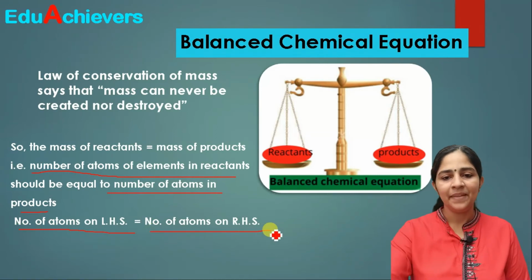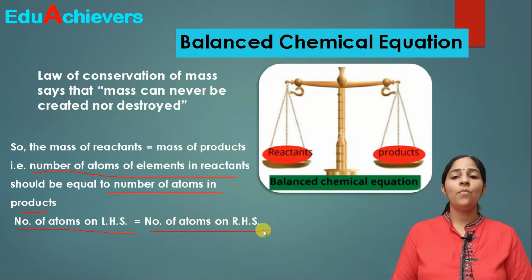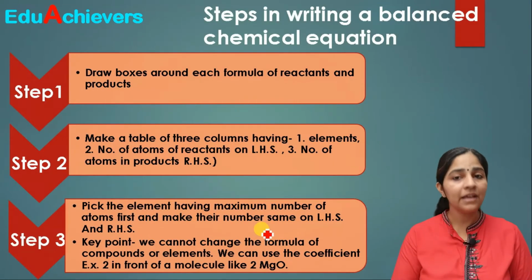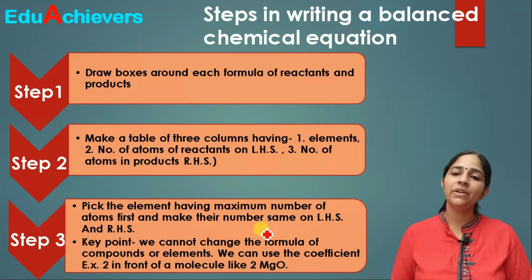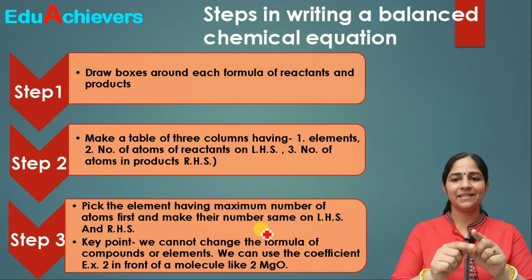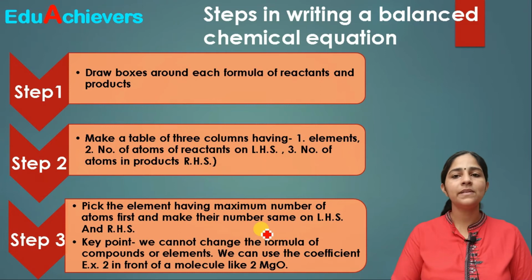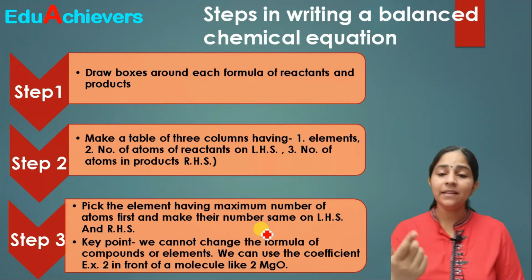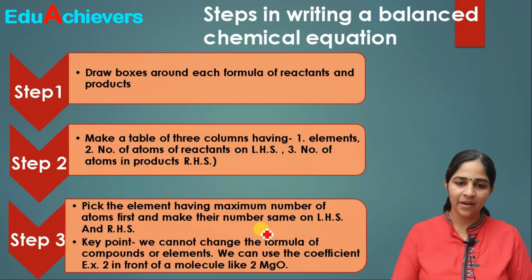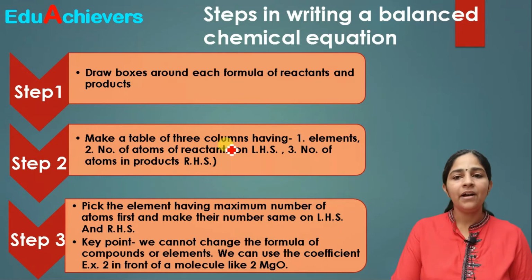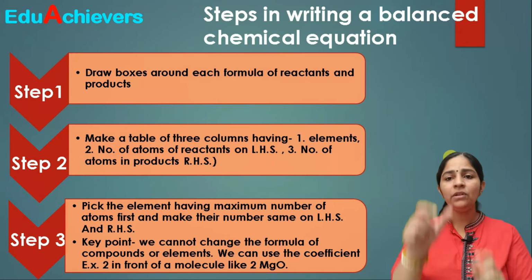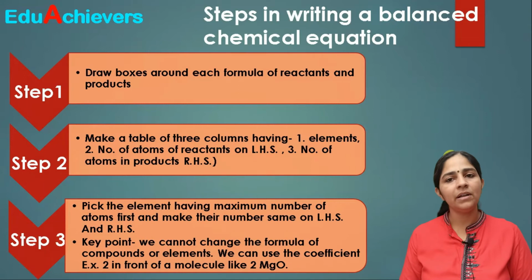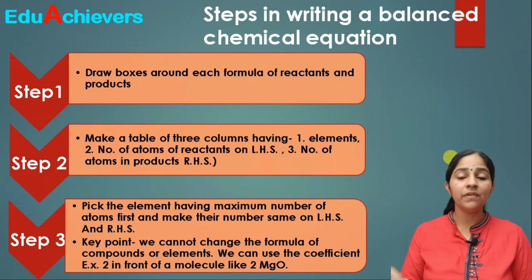Okay, let's see what steps are required while balancing a chemical equation. Fine. So first, we draw boxes around all the reactants and the products, correct? Second, we make a table with one column of elements, one column of the number of atoms on the left hand side, and one column of the number of atoms on the right hand side.